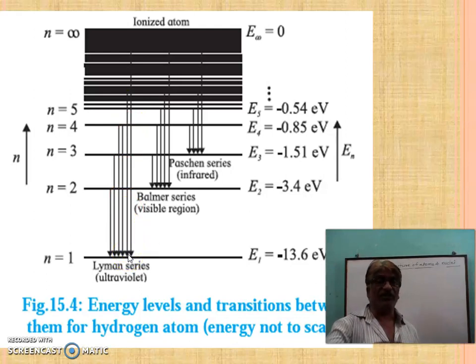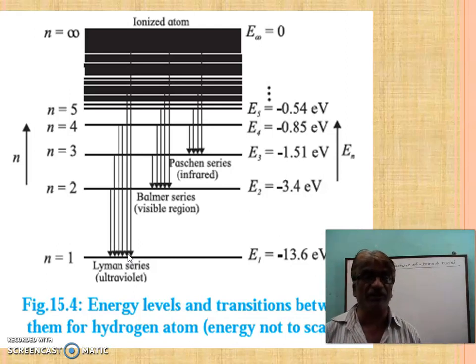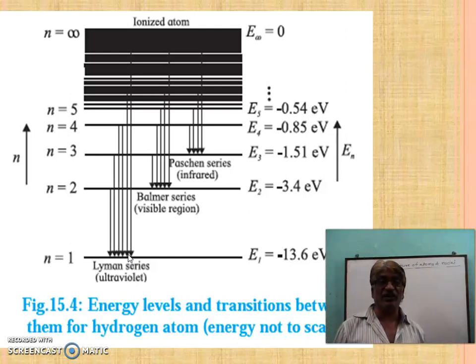That means when the electron moves from the second, third, fourth or fifth orbit to the first inner orbit, the series is called the Lyman series. Similarly, when an electron transitions from the third orbit to the second orbit, a line is obtained. That line is called the H alpha line.